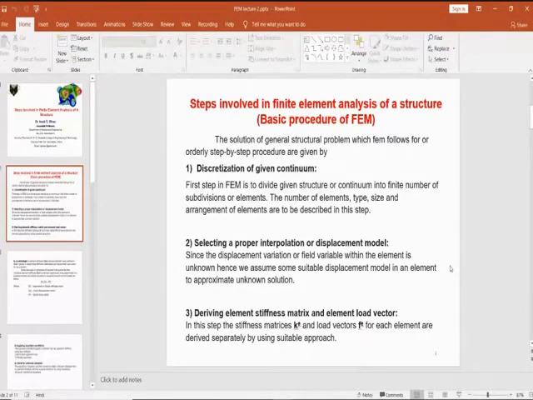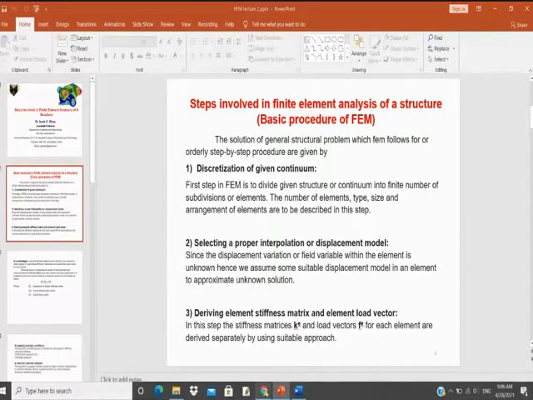But we will not be knowing how the displacement will be varying, whether it is varying linearly, whether the displacement is varying quadratic in nature, whether the displacement is varying like a cubic polynomial, we don't know. So what we do is we'll assume it. Okay?